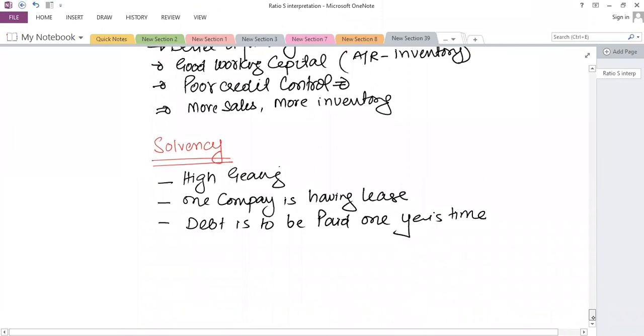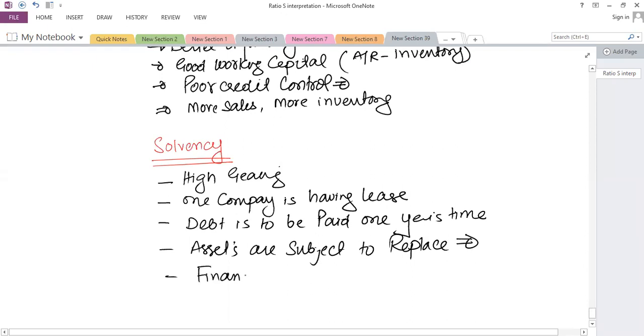Their assets are subject to replacement. They have to replace their asset, or you can say that they have to buy new assets, and that requires financing. So in future, the second company has to raise finance, and as they have already high gearing, the option left with them is to raise equity. Okay, because they can't afford to have much debt.